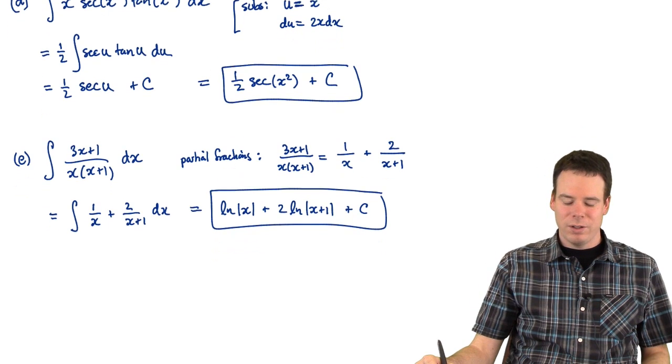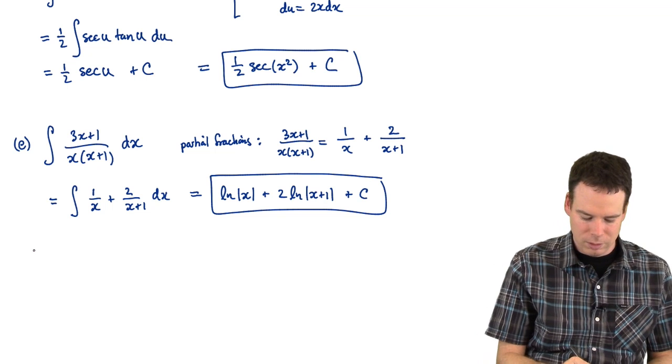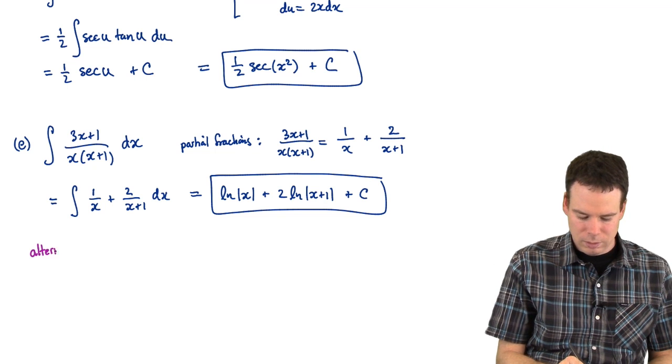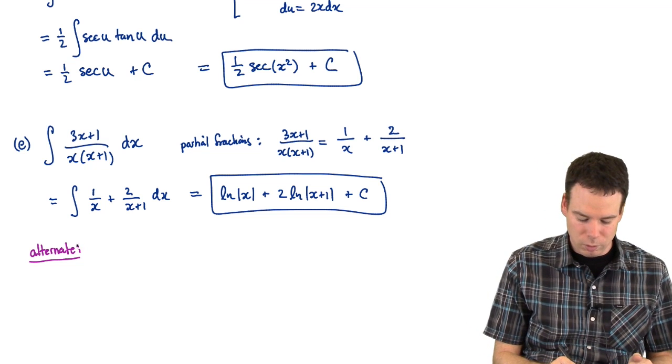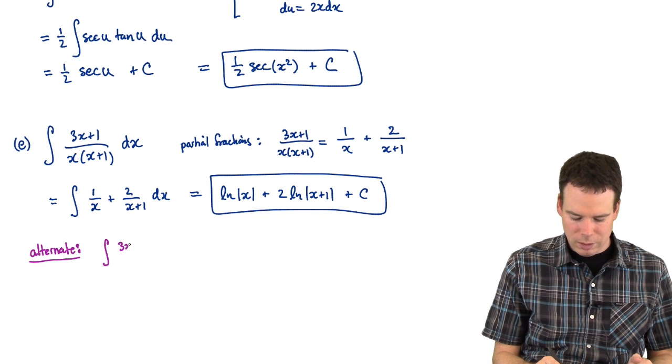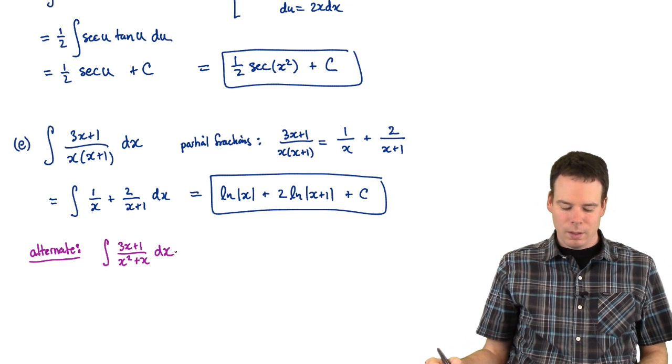Maybe just for fun, we'll try an alternate method for this. Let's just put it down in a different color. Generally speaking, for all of these antiderivatives, there's more than one way to go about doing it. Let's see if we can find an alternate method here. So I'm going to go 3x plus 1 over x squared plus x dx. So there's our integrand.